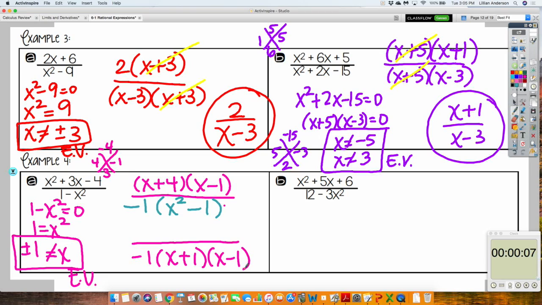Does everybody see that? I just now have a negative 1 on the outside because I switched the sign. And the reason why I switched the sign is because now, do you see something that I can cancel out? My x minus 1s. If I left it the other way, I wouldn't have been able to cancel those out because it would have been a 1 minus x, not an x minus 1, and there is a difference.